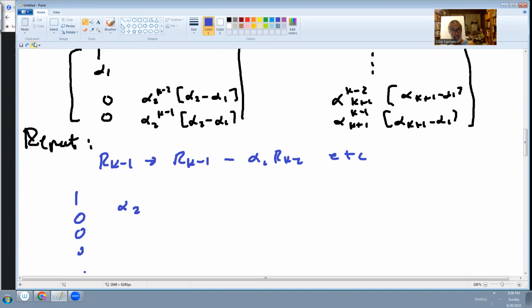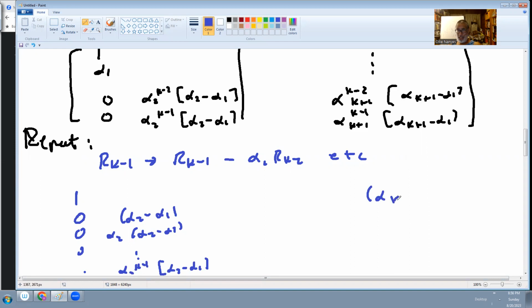So we'll just get rid of that. We'd just have alpha 2 minus alpha 1. The next one would be alpha 2 minus alpha 1, all the way down to alpha 2 k minus 1. And the same thing here.